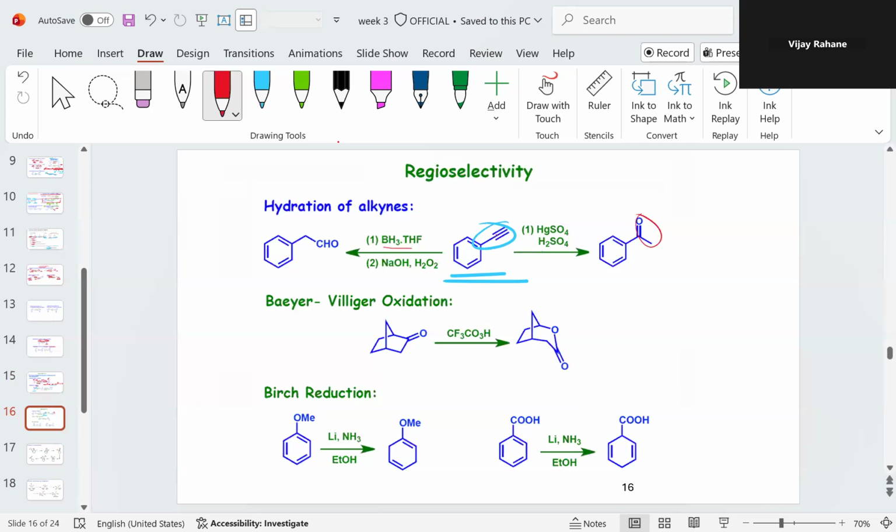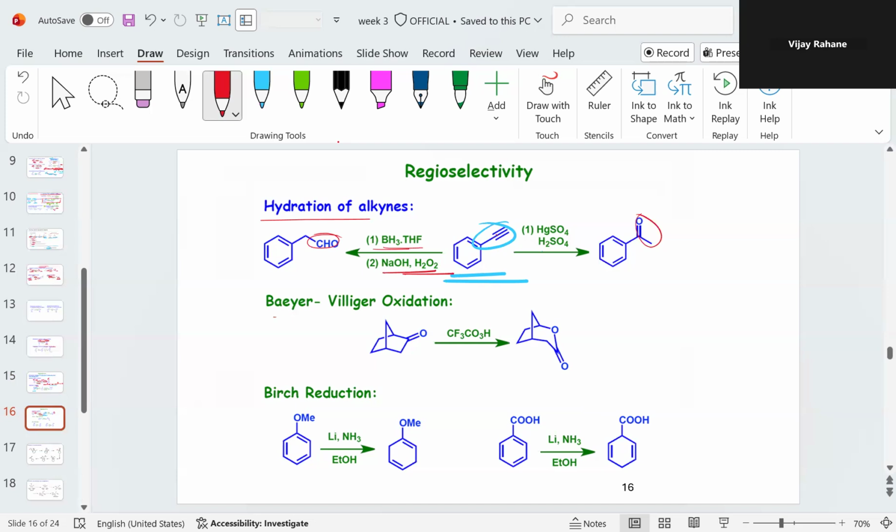But if you do BH3·THF and then NaOH, H2O2 addition, the carbonyl group will form on the terminal carbon. So this is how regioselective hydration of alkynes occurs under different reagent conditions.